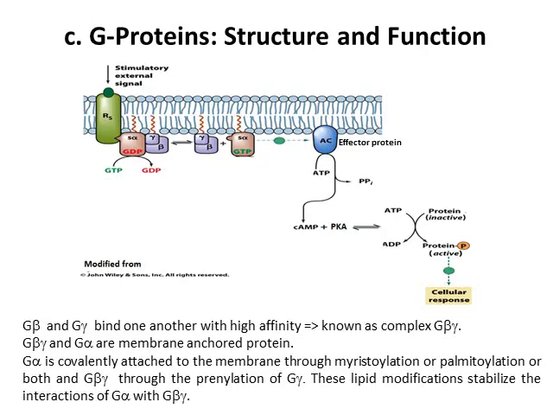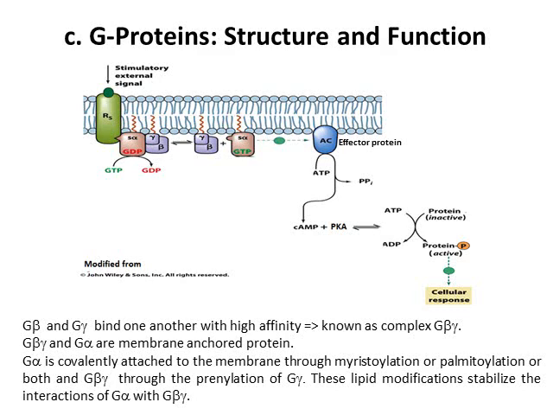So far, we know that G protein is heterotrimeric, made of 3 subunits, alpha, beta, and gamma. Alpha has GDP in its inactive state, and when the ligand binds to the G protein coupled receptor, GDP is exchanged for GTP.